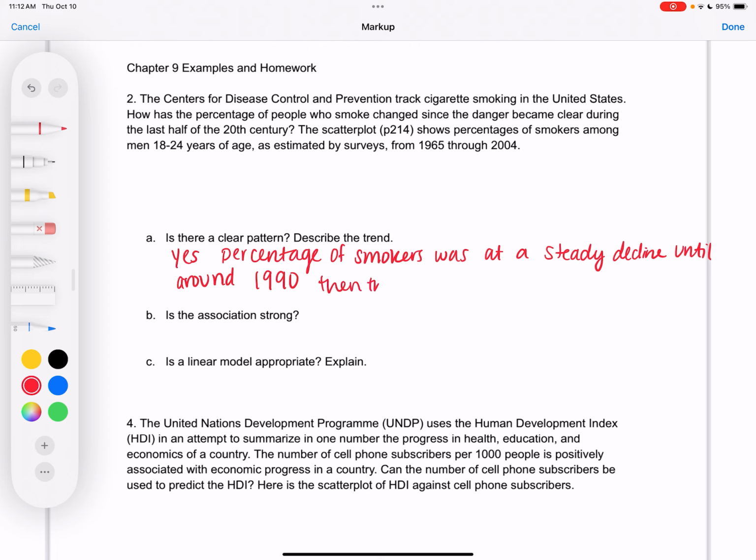Then there was a slight, I'm just going to say slight increase.